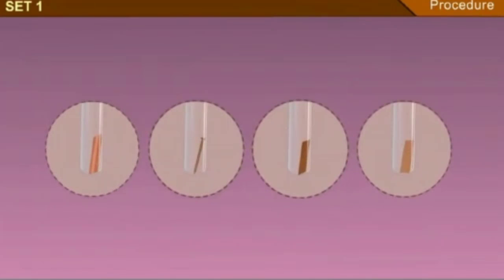In case of copper metal, no change in color takes place. 2. In case of iron metal, a reddish deposit of copper is formed on its surface. 3. In case of zinc metal, a reddish deposit of copper is formed on its surface. 4. In case of aluminium metal, a reddish deposit of copper is formed on its surface.